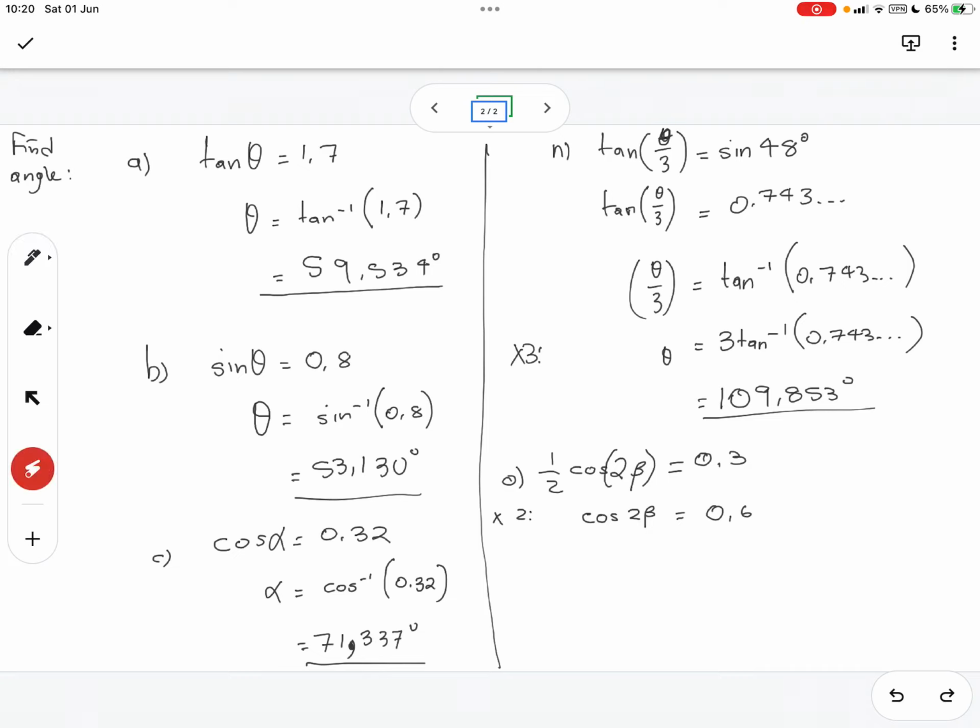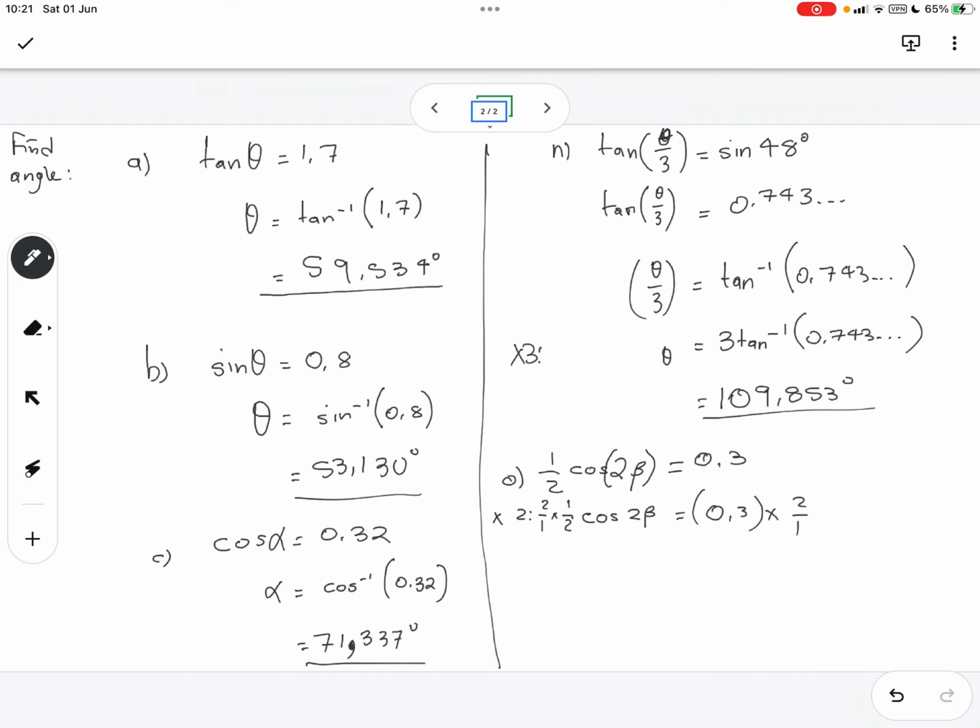Why did you only focus on the cos 2 beta? Oh no, but I did work out the half because I multiplied with a multiplicative inverse. To illustrate, it's going to be a half times 2. So when I multiply by 2 across the equation, then the half gets reduced to 1.